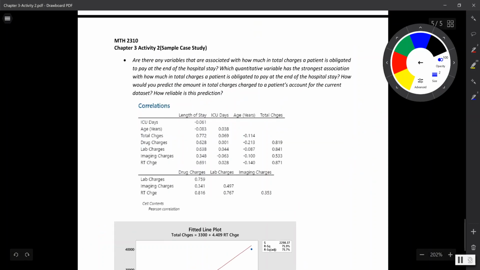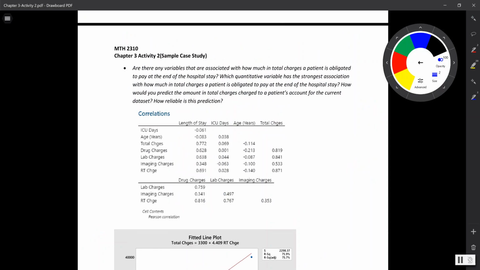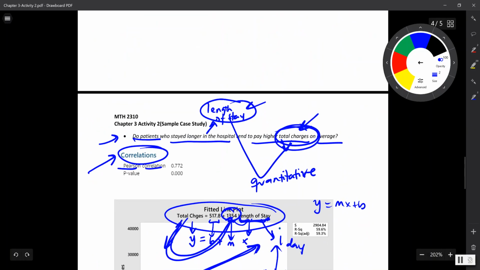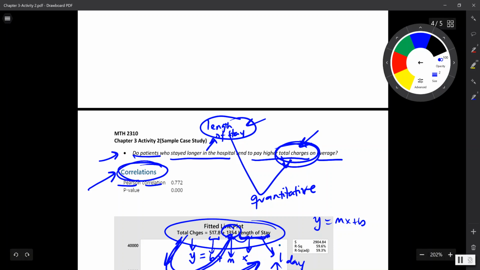So the final question we want to answer in this case study is, are there any variables that are associated with how much in total charges a patient is obligated to pay at the end of the hospital stay? The first thing you realize is earlier we computed the correlation, or the strength of relationship, between length of stay, how long you stayed at the hospital, and the total charges.